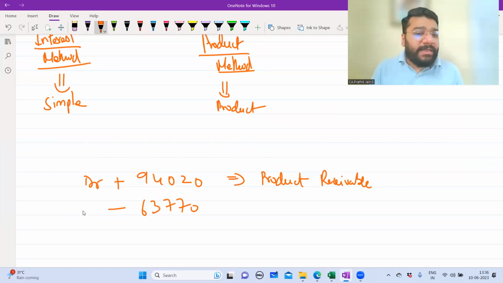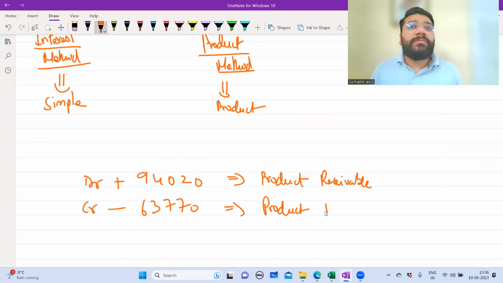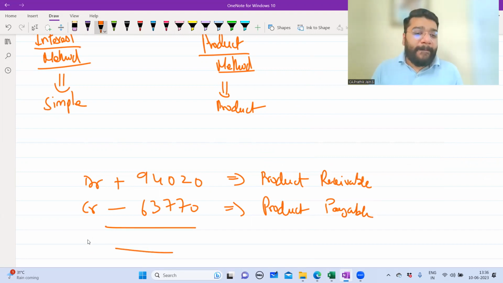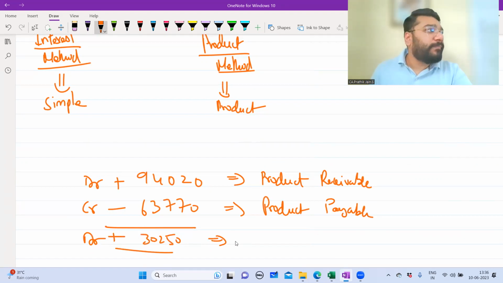63,770, it is on the credit side. So it is product, who said receivable? Payable. Okay. So what is the end difference? 30,250. Product net receivable or payable? Payable.